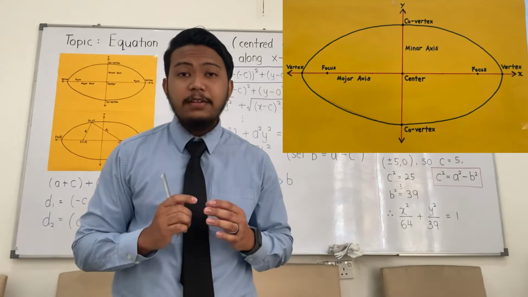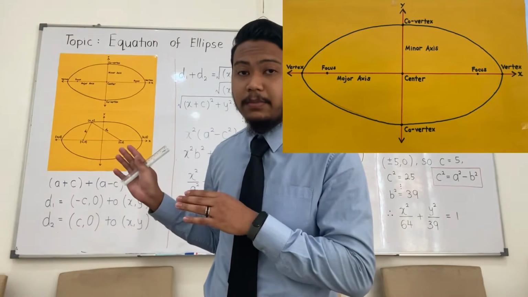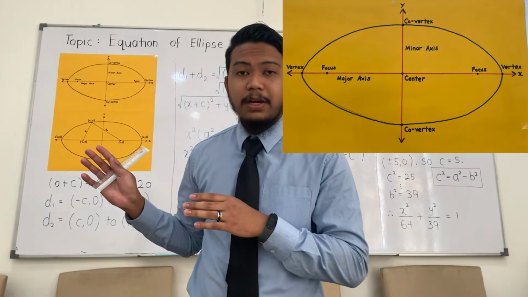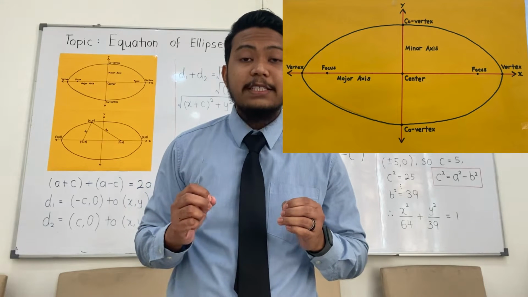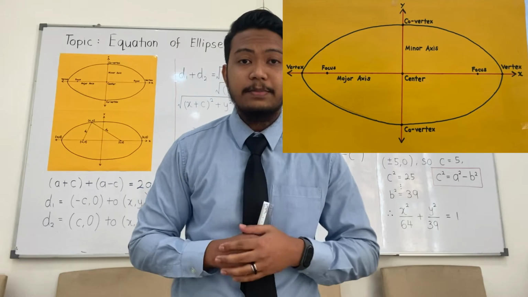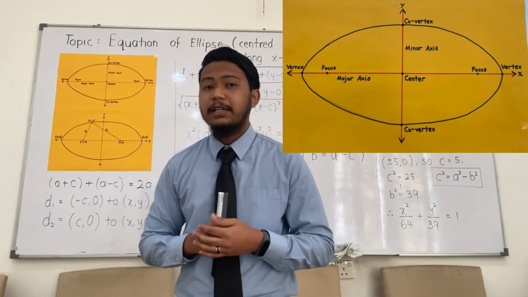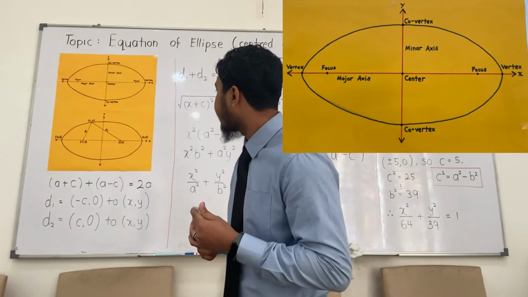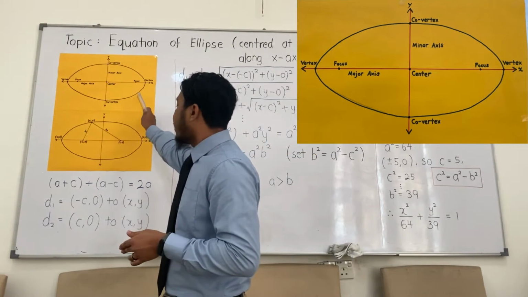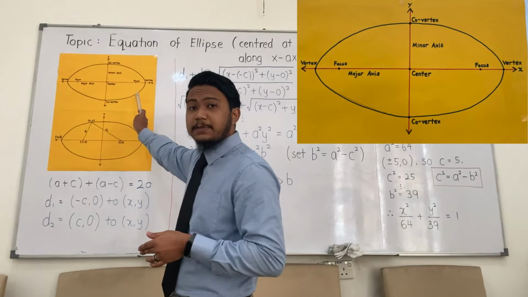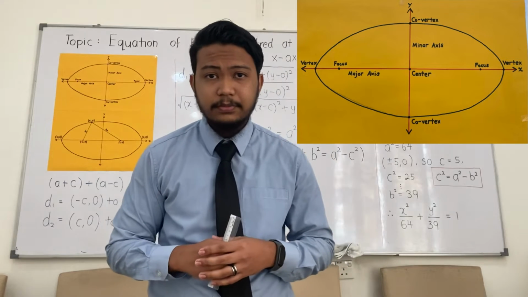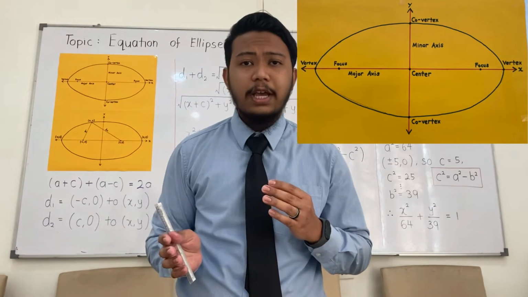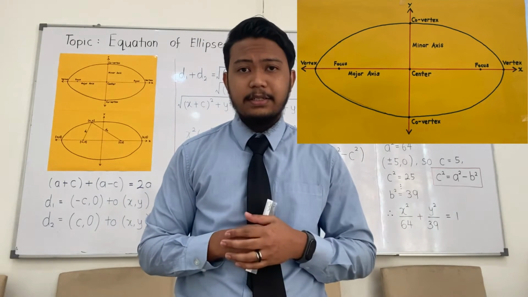I'm sorry because the diagram is quite small, but I will try my best to explain to you clearly. Each fixed point we call as focus, or in plural we call as foci.